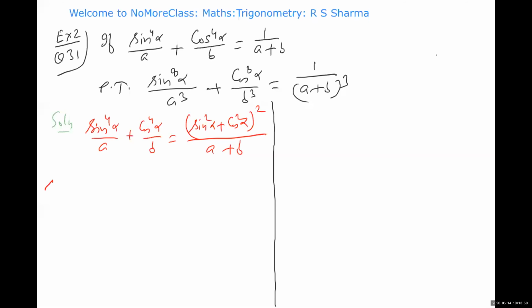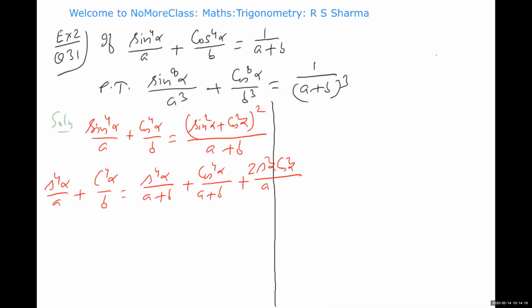So you will get sin 4 alpha upon A plus B plus cos 4 alpha upon A plus B plus 2 sin square alpha cos square alpha upon A plus B.